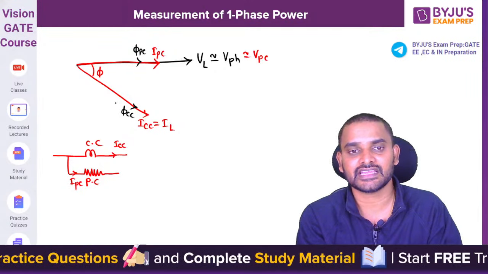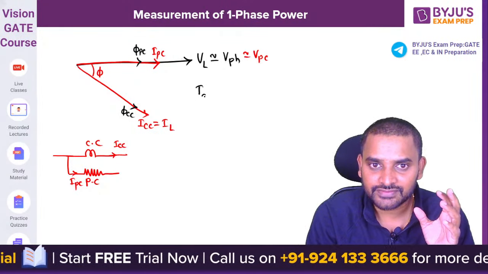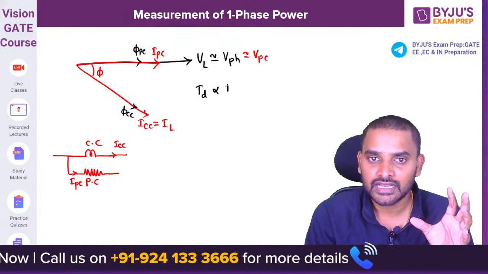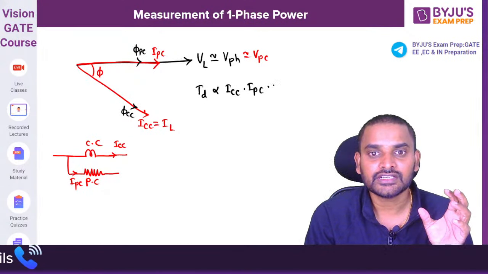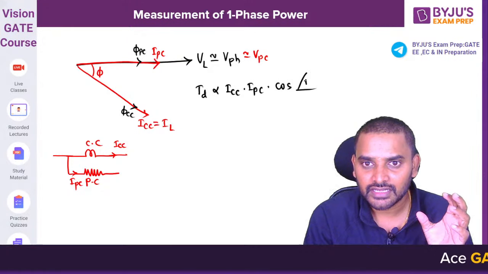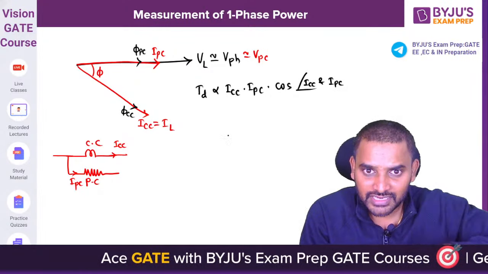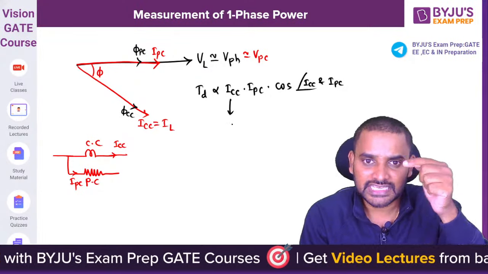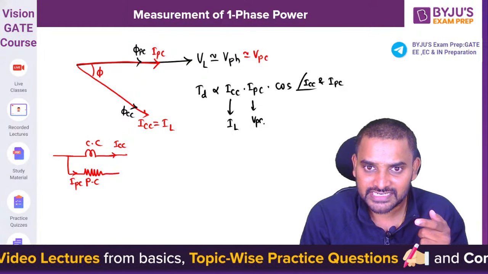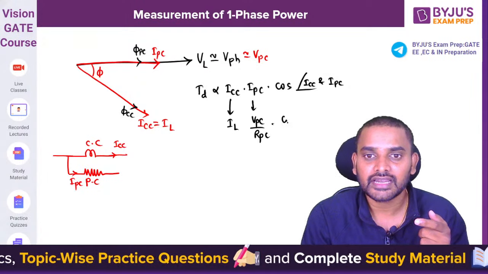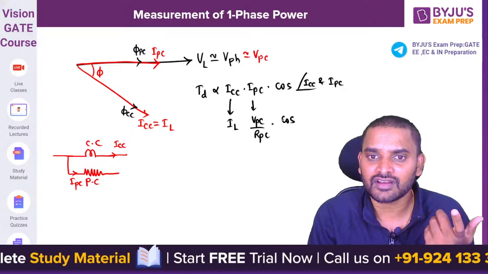So whatever the deflection torque we are going to get, the deflection torque is always proportional to current flowing through current coil, current flowing through pressure coil into cos of angle between current coil current and pressure coil current. And this is what we write: current coil current is equals to load current. Pressure coil current can be taken as VPC divided by RPC. And now the cos of angle between ICC and IPC is equals to load power factor, cos phi.